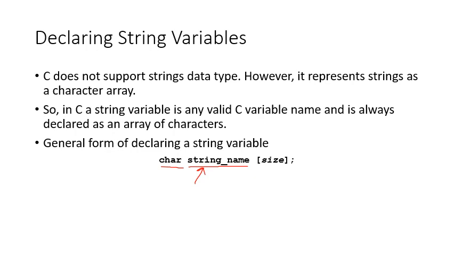Within square brackets you mention something called size; we will see what this size means. Finally you terminate this with a semicolon. So in order to declare a character array, you write char, which represents the character type, the name of the string, and the size of the string. I hope till this point everything is clear.